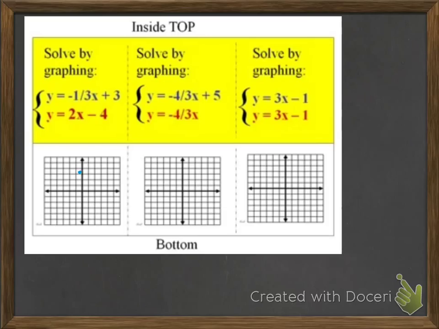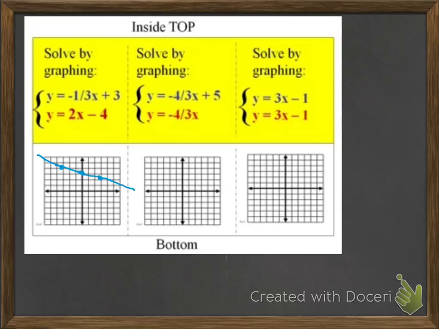Doing my best to make the point at 3. And a slope of negative 1/3. So I go down 1 over 3. 1, 2, 3. Or I could go up 1 and over 3. 1, 2, 3. And I connect my dots. So there's my first line.